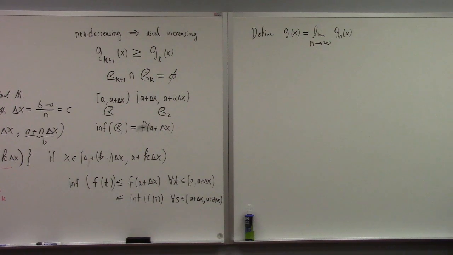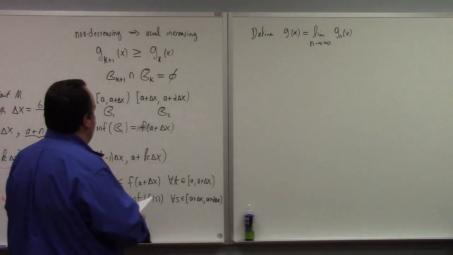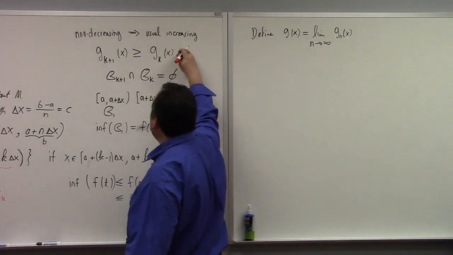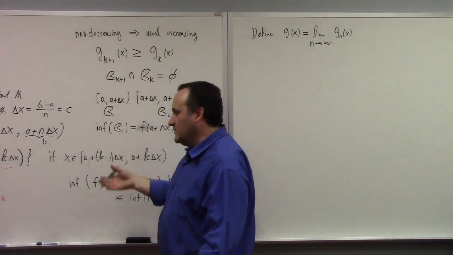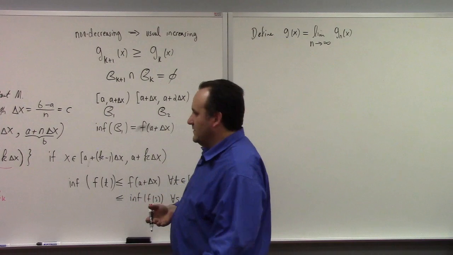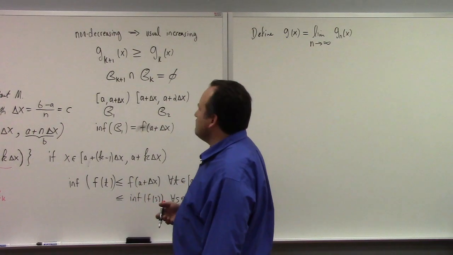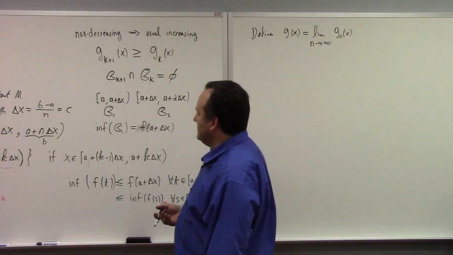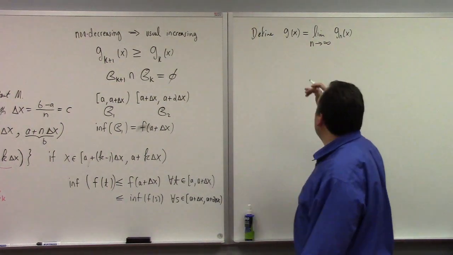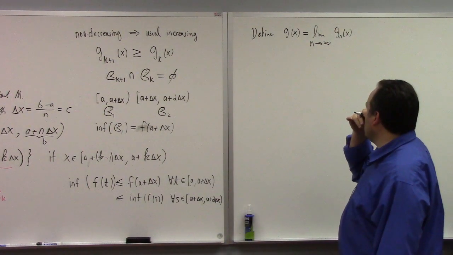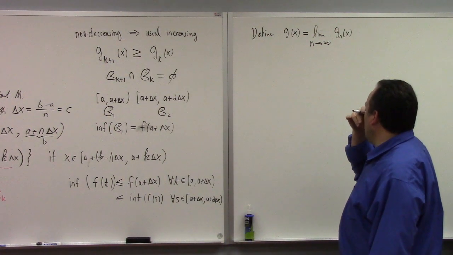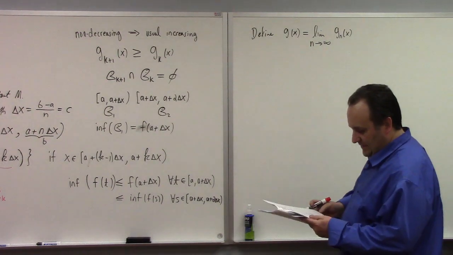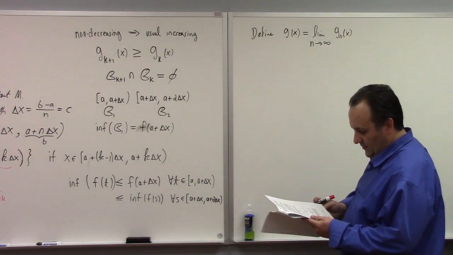The bounded monotonic sequence theorem, of course. So for each x, it's a bounded monotonic sequence, so the limit has to exist. And we let that limit define g of x in that way.